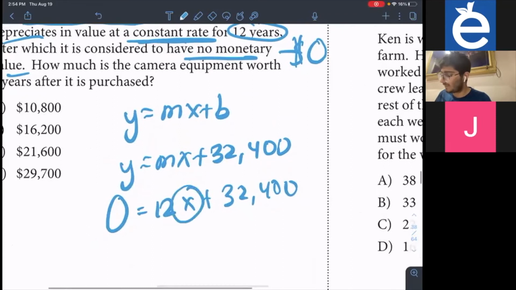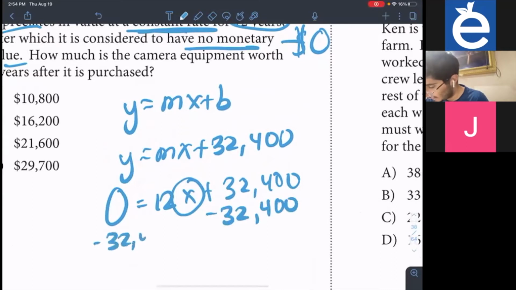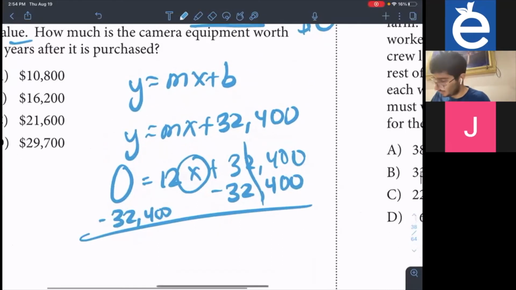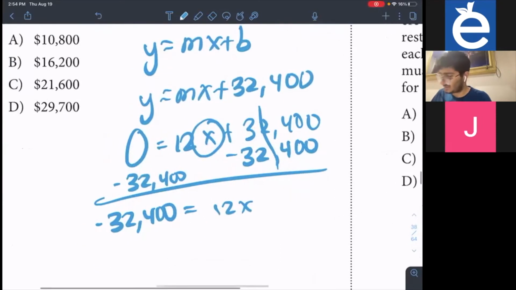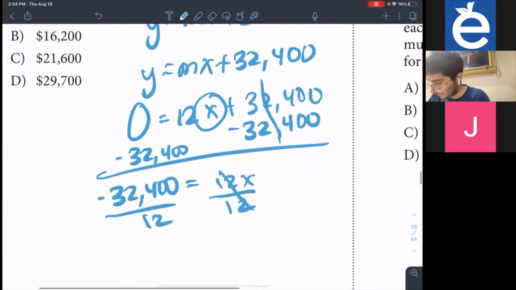Now we have to find how much it decreases per year, so we subtract 32,400 on both sides. You get 12m is equal to negative 32,400 because it decreases, and divide by 12 on both sides.